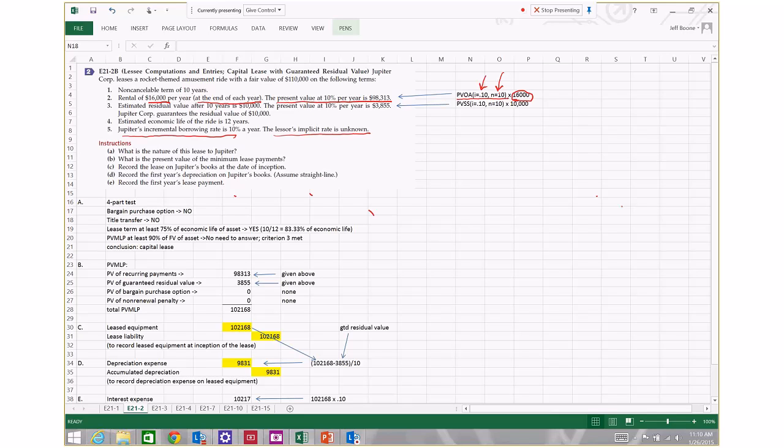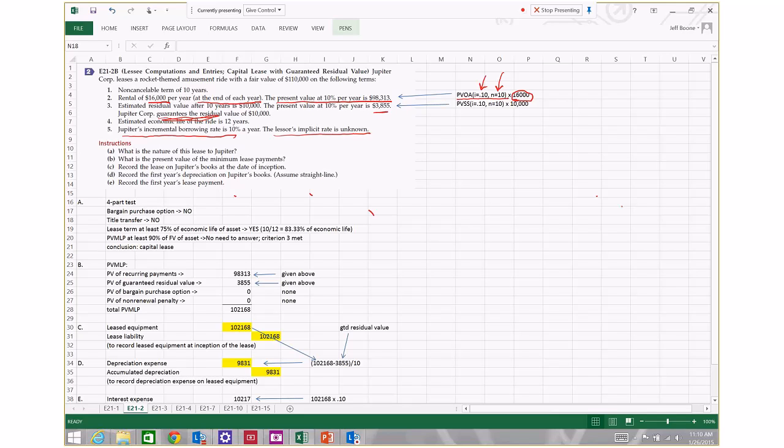Okay, we're told here that the residual value of this leased asset after 10 years is $10,000. This residual value is guaranteed by Jupiter. That's important because that means that this residual value is going to become a component of the minimum lease payments. And specifically, the present value of that guaranteed residual value is $3,855.